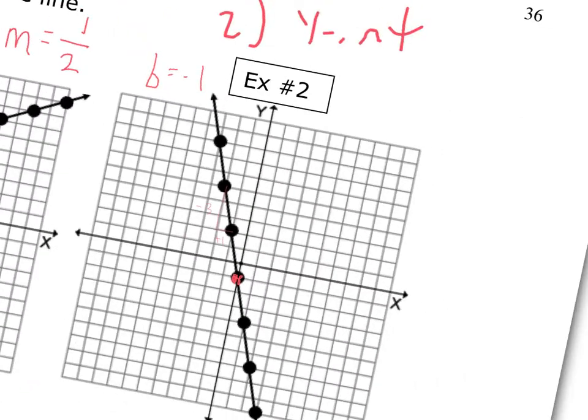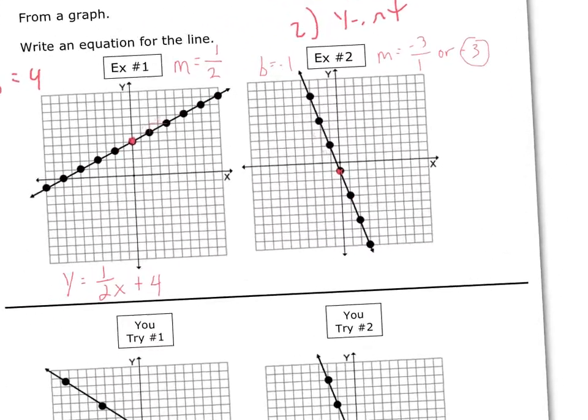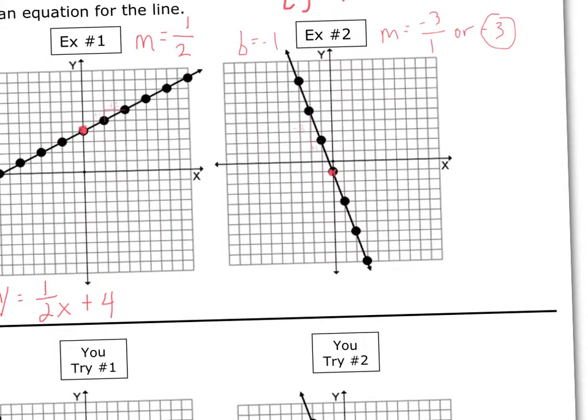So our slope, or m, would be -3 over 1, or -3. Let's use those pieces of information to write an equation. Our slope was -3, so we have y equals -3x, and our y-intercept was -1, so we have y equals -3x minus 1.